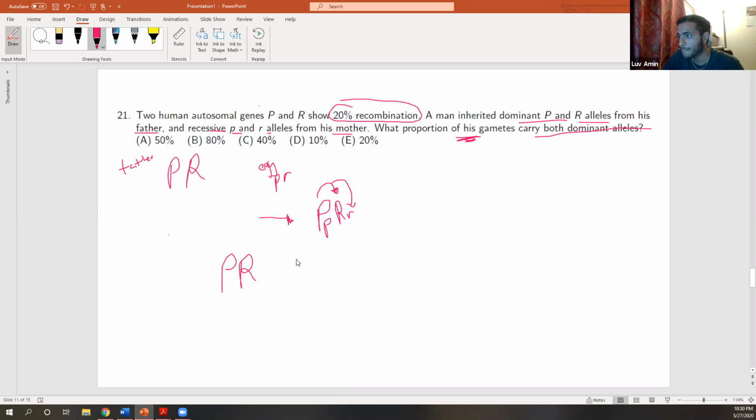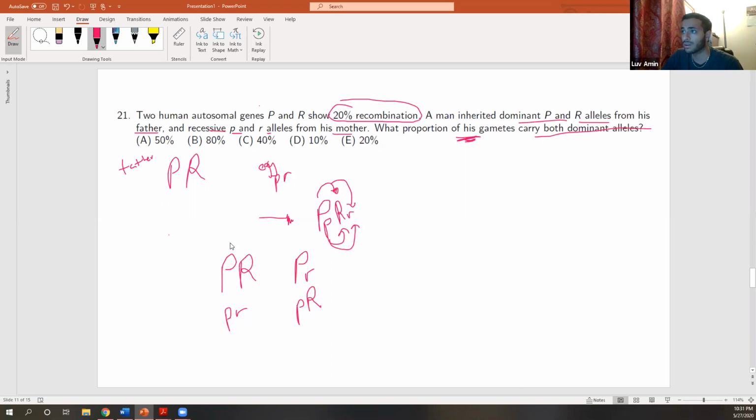You also have little p to big R, or you have little p to little r, okay? So if you think about basically all his gametes, in his sperm, he will have 4 types of combinations. There are different combinations that each sperm will carry, and one can have this, one can have this, one can have this, or the other one can have this.